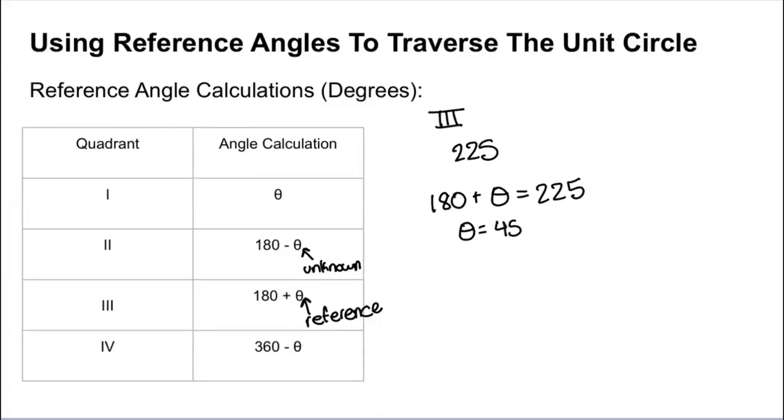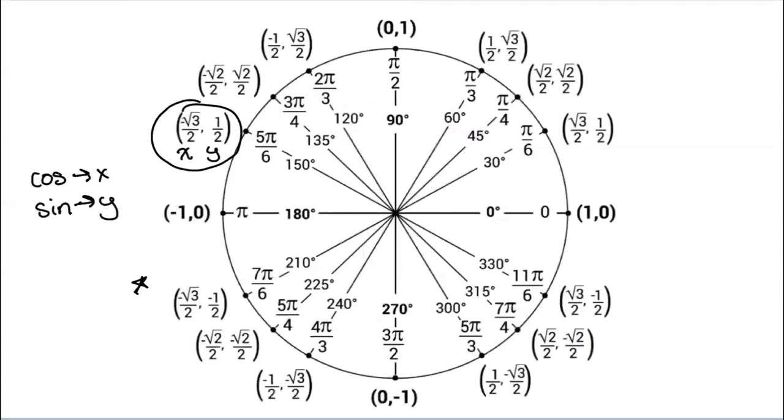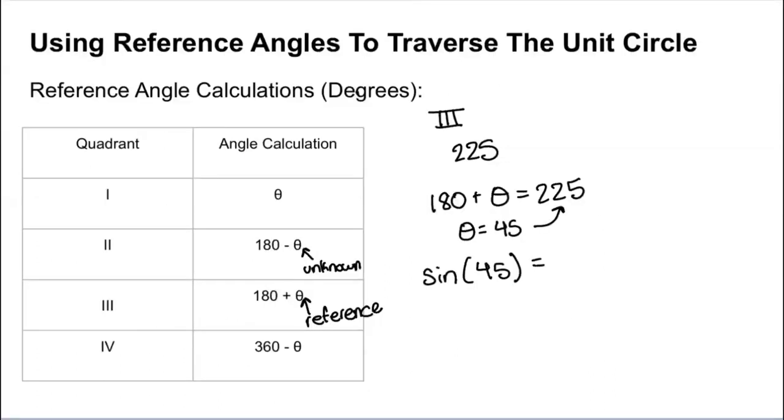So that's the thing that links these two. So we know that sine of 45, if we go back to our unit circle, let's look at these 45 degrees. And we actually see that sine of 45 and cosine of 45 are the same thing. They're both going to be equal to root 2/2.